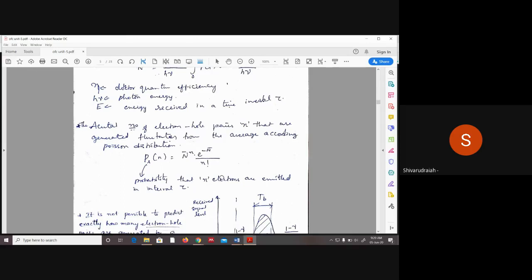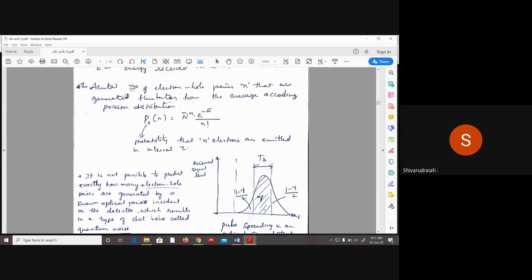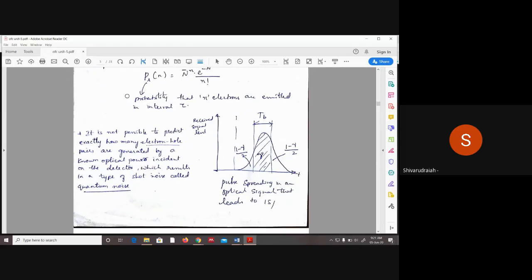According to the Poisson distribution, you don't have any derivation for this one. You only need to use this probability expression to find the probability that n number of electrons are emitted at an interval tau. But actually, this expression gives you only the probability.